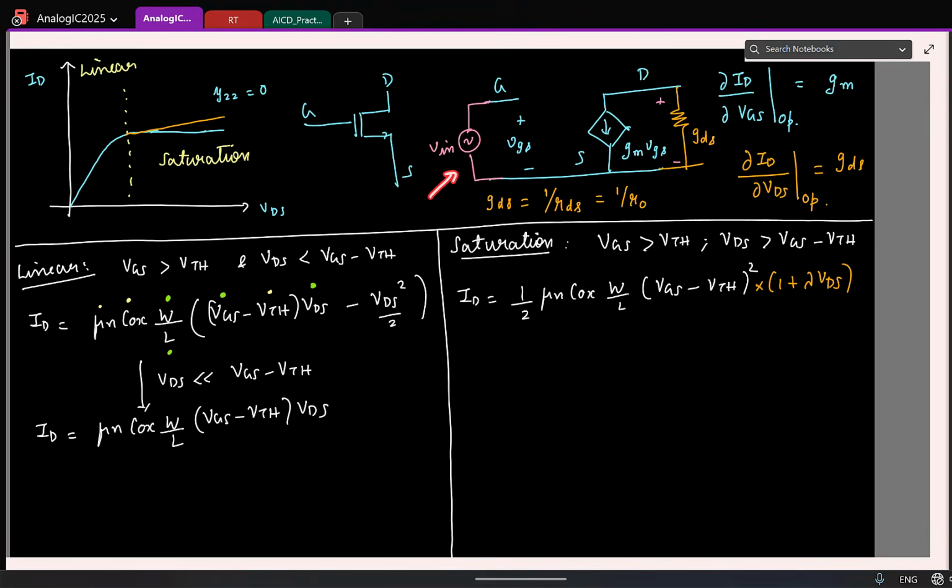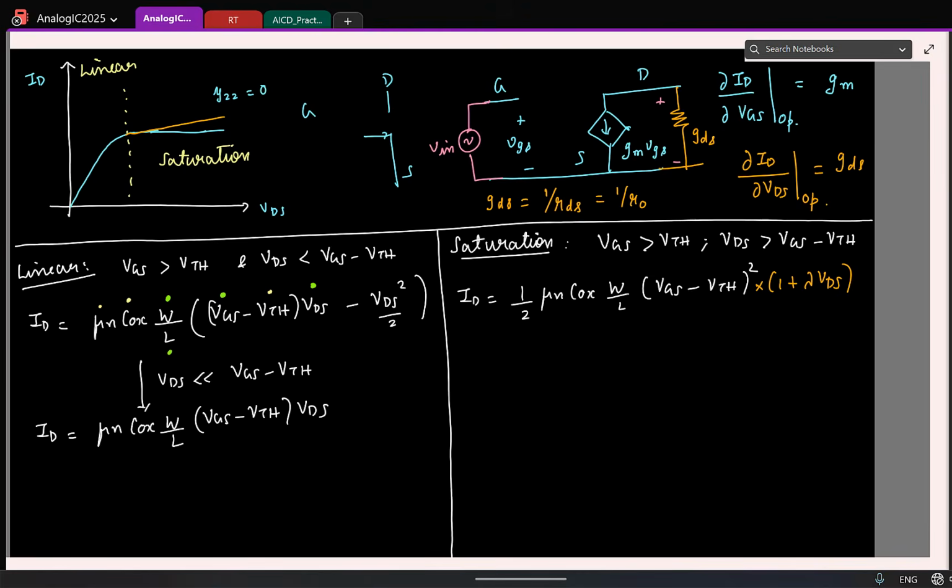I am applying V in directly at the gate to source, and without any load connected I am trying to measure what is the small signal output. How much is that? Minus GM R0. What is VGS? VGS is same as V in. So again the current flowing up is minus GM V in times R0.